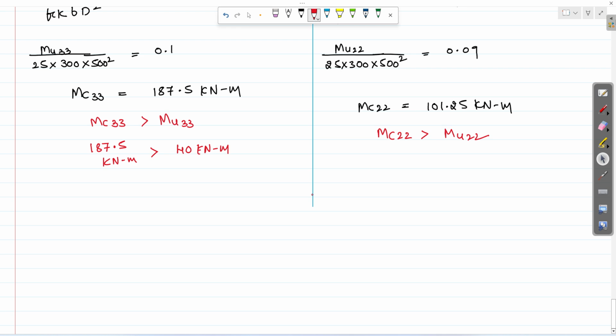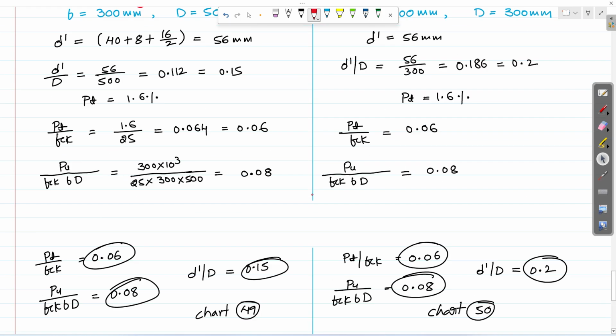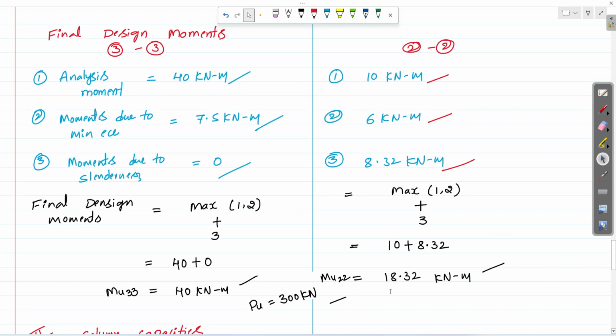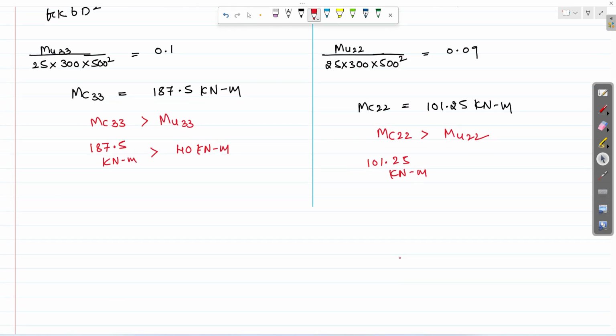Here MC22 is 101.25 kilonewton meter. Mu22, the design moment along 22, is 18.32 kilonewton meter, which is less than the capacity. Hence this is satisfied.